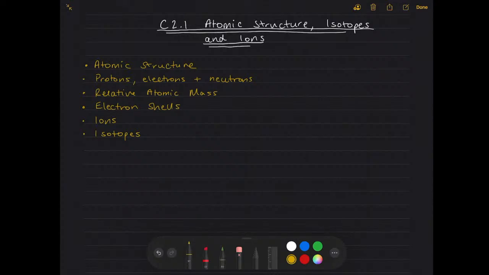We'll then look at the role of protons, electrons, and neutrons, understanding relative atomic mass from the periodic table. We'll study electron shells in a bit of detail, and eventually we'll apply everything we have learned to ions and isotopes. So I hope you find today's session useful.